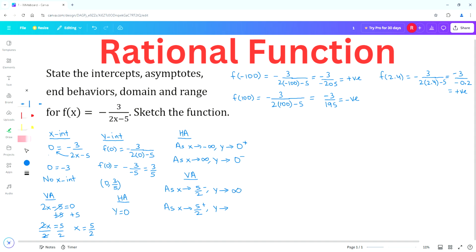Next, we can do the check on the right side of the vertical asymptote. We can use the test value 2.6.